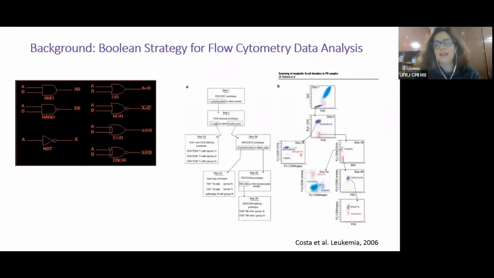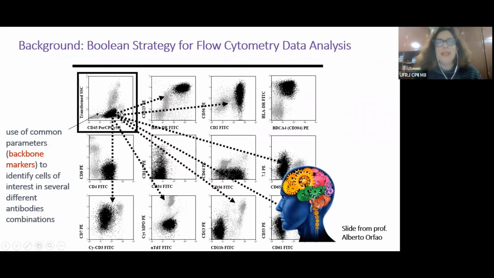So, despite this big advance day by day in flow cytometry data analysis, most services used the Boolean strategy, that is, we perform the gate, for instance, here, and we see the cells in other parameters. At that time, we had few parameters per tube.